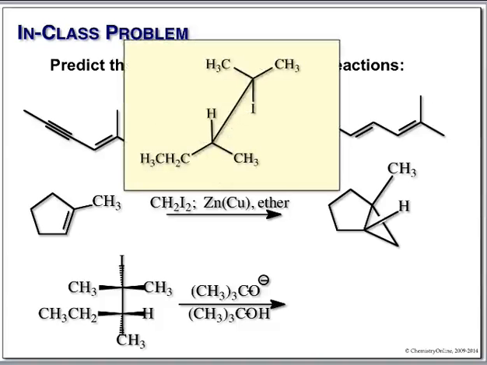Now our base is going to come in, pull the hydrogen off. As it does, we'll make our double bond, the iodine will leave. It's an E2 reaction, so it's all concerted, no intermediates. Note here that our methyls are on the same side. This is the compound that we would get.